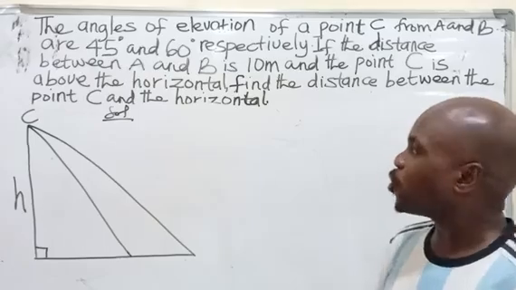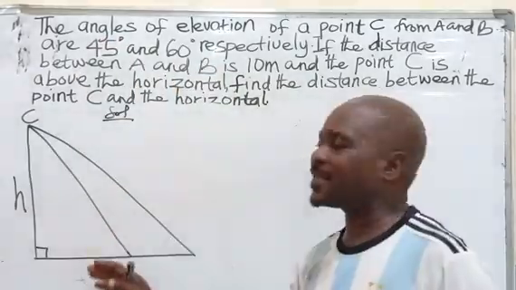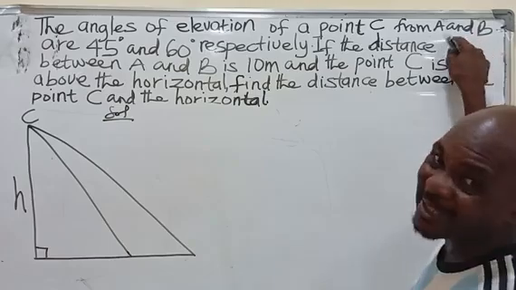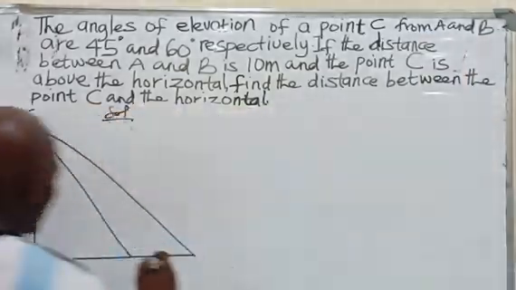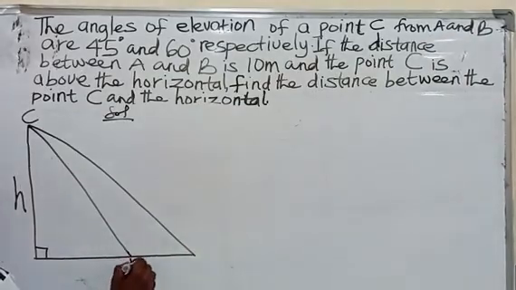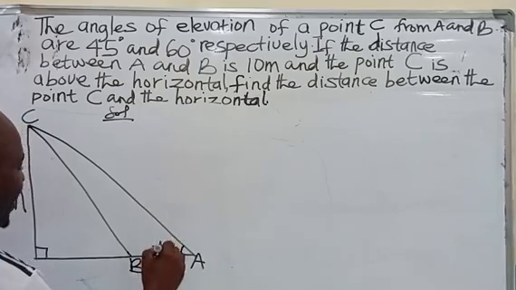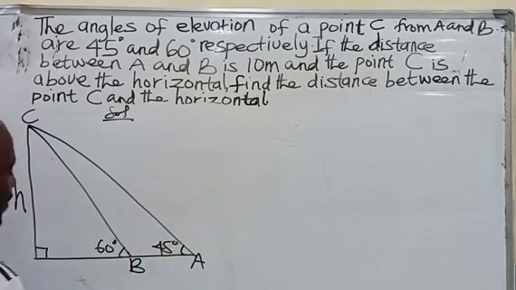Smaller. So since 45 degrees is smaller than 60 degrees, it means that person A is farther from the object. So we have here B, and then here A. So this is 45 degrees. This is 60 degrees. I hope we are okay.